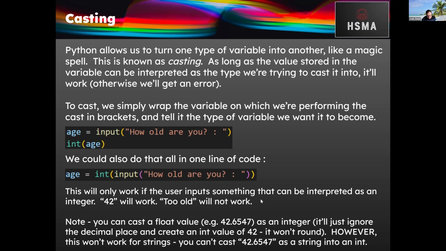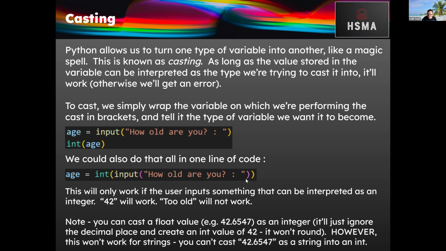But it won't work if you were to use it for an input and the user were to input 42.6547, because as an input, it'll be adopted as a string. So a string will be stored that has the characters 42 full stop 6547. You can't then cast that as an integer. It will fall over.